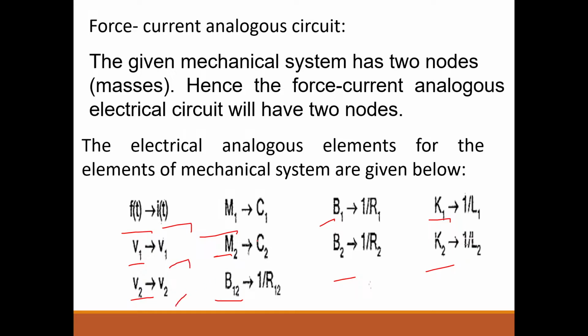These are the analogous terms. So you take equations 3 and 4, write down all the terms in them, and from the table which you have drawn already, copy their respective analogous terms.